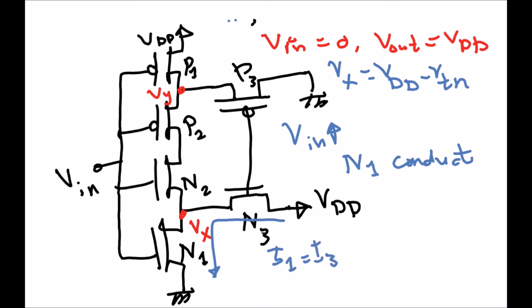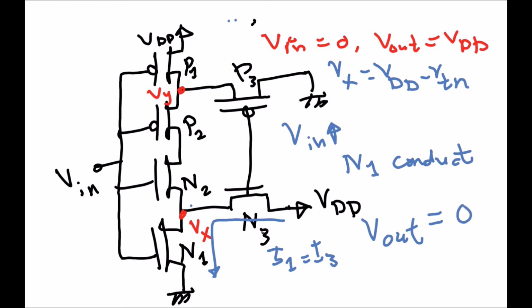So there is a low resistance path created by the N3 feedback transistor, taking the current which flows through N1. What happens when V input increases so that N2 turns on? At this point, the output is pulled to low.